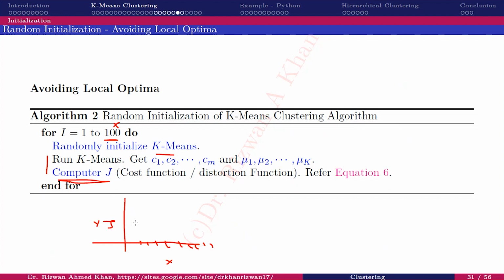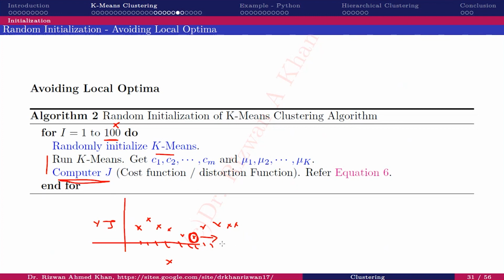So you randomly initialize, run the K-means clustering algorithm, and let's say this is the value of J you find over here. You randomly initialize again, run it, and maybe the distortion gets worse. So this is not a good idea. Then you run it again. Maybe you will keep on running. You will find something like this. So you know that this point is the best point you have found. So you keep those settings.